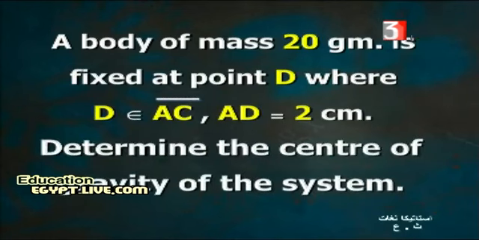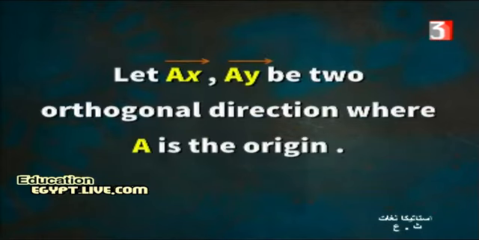A body of mass 20 gram fixed at point D, AD equals 2 centimeter. How to determine the center of gravity of the system? We know that, my dear student, we put AX, AY in orthogonal directions. A is the origin point.